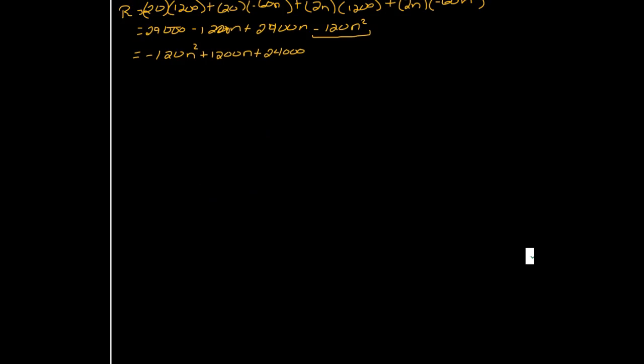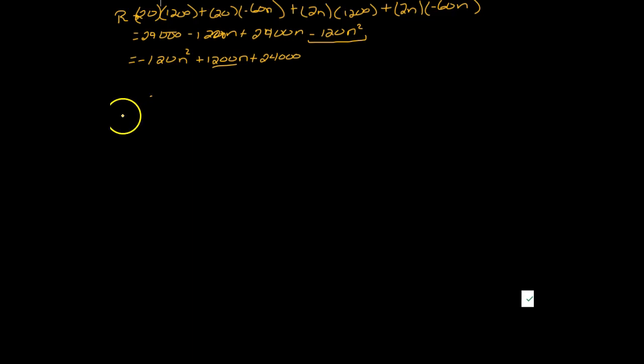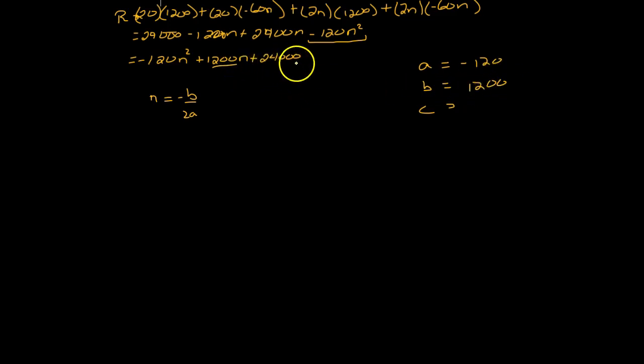Alright, just pause that so I can reposition the page there. Okay, now we need to find our axis of symmetry. So n equals negative b over 2a. And if you find it helpful, you can write out your a, b, and c values. So your a is negative 120, your b is 1200, and your c is 24,000.